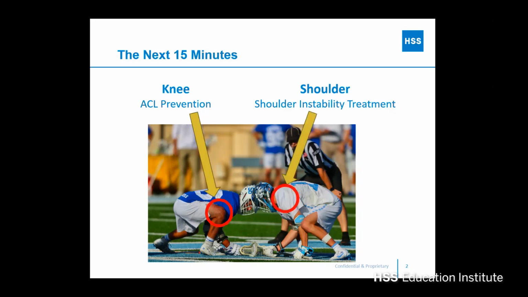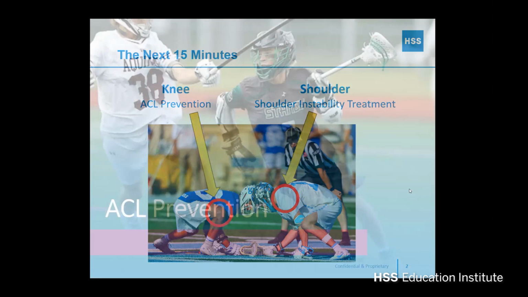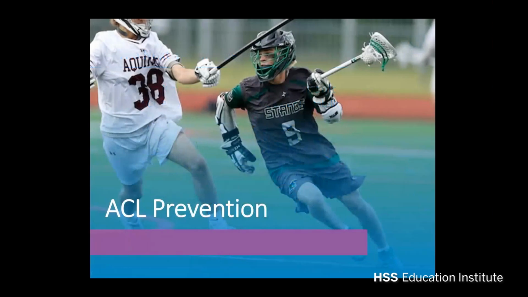Then we'll talk about treatment of a different condition in the shoulder, and that's shoulder instability or shoulder dislocation. These two topics are picked both because they're extremely prevalent and also because they're relevant for our high school level athletes. So let's kick it off first with discussing the topic of ACL prevention.